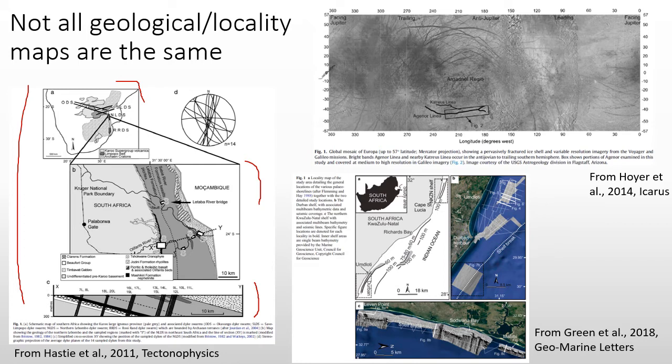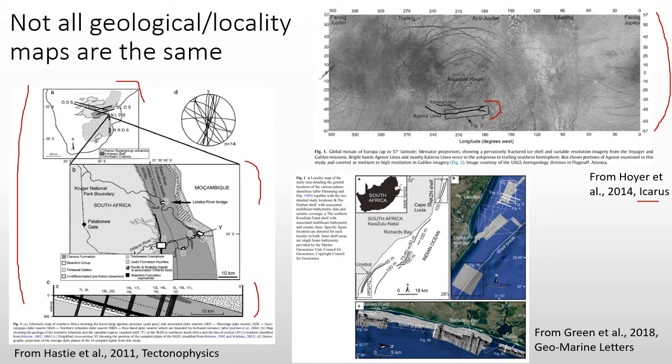I've also shown you a very different geological map that I did for my honors project here, which is published in the space science journal Icarus, and that's showing the surface of Jupiter's moon Europa, and I studied a lineament on the surface known as Agenor Linea. So that's a locality map. Okay, so they don't all have to be the same.